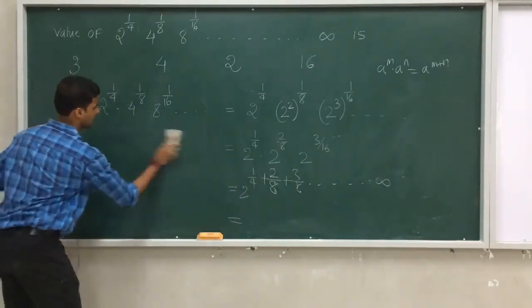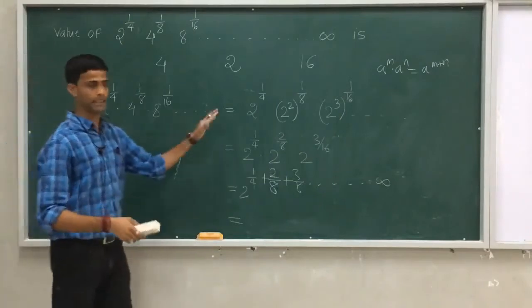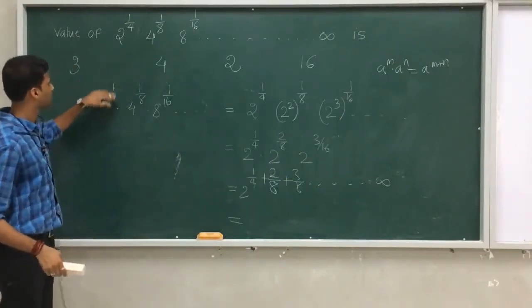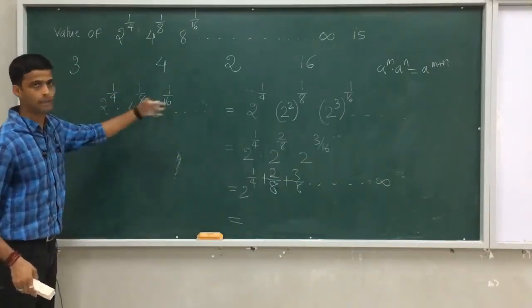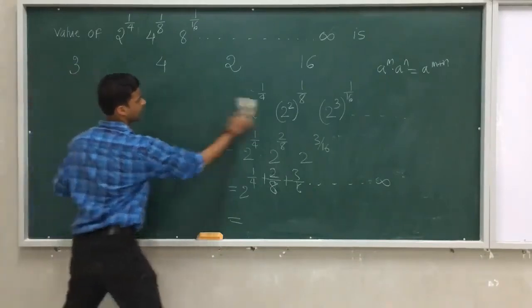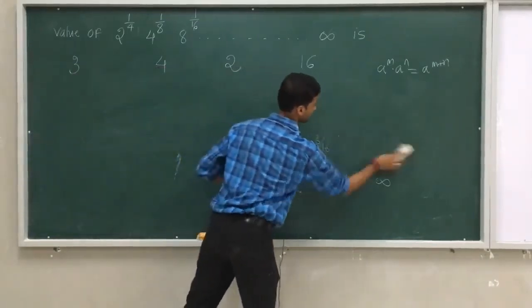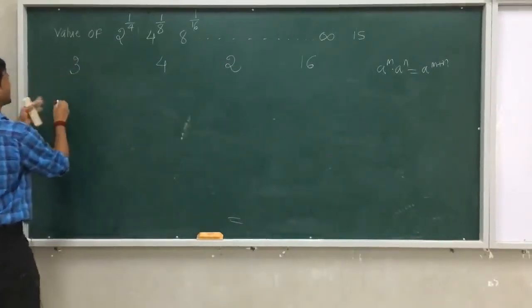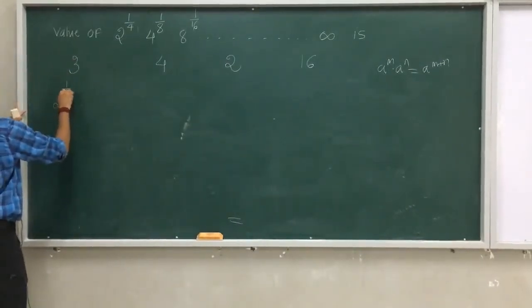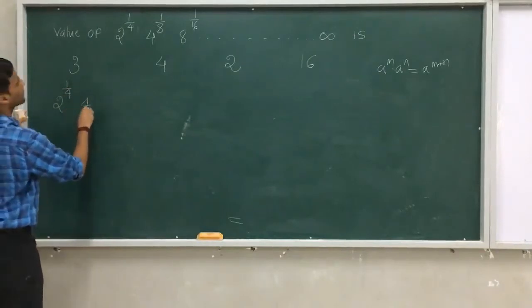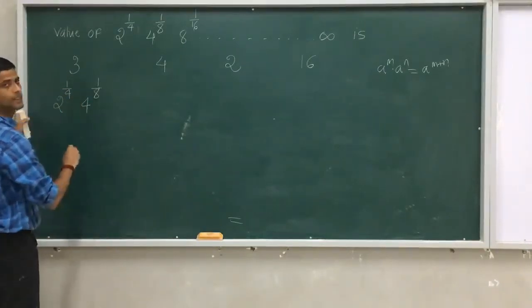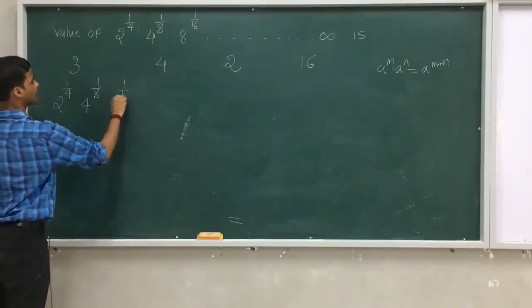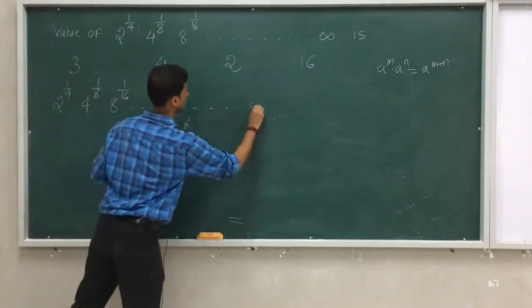So what I will do here is change my method. Instead of expressing in terms of 2, 2, 2, I will write it this way: 2 power 1/4, 4 power 1/8, 8 power 1/16, up to infinity.